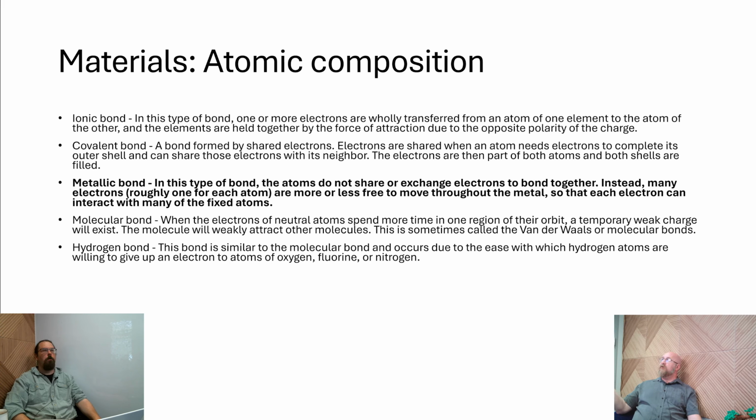And a hydrogen bond is very similar to that, because hydrogen's only one proton, only one electron, so it's a little unstable. Yeah. It's a little wobbly in its orbit.